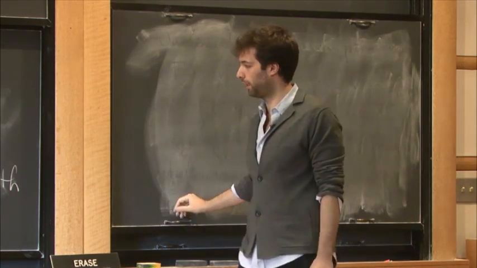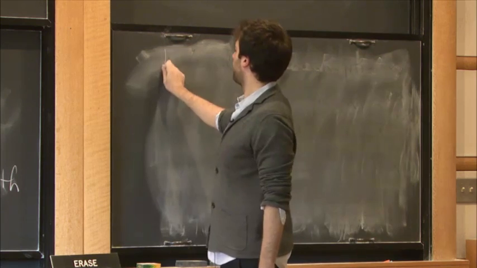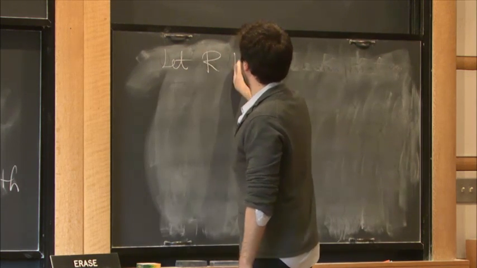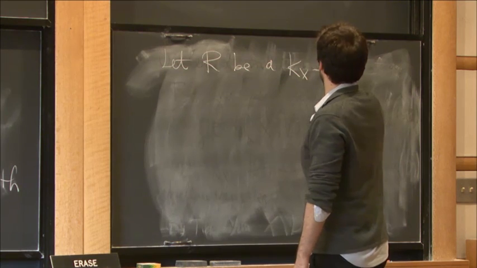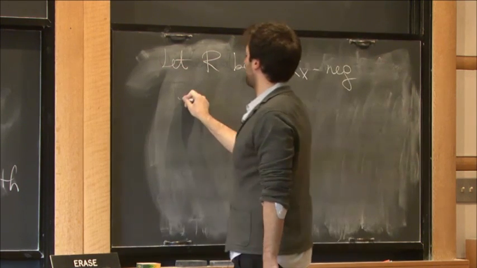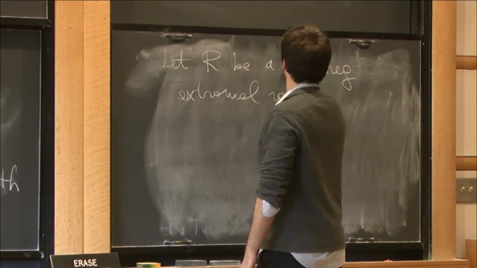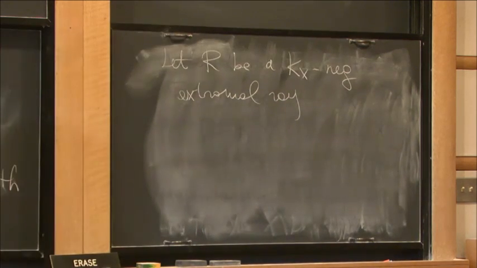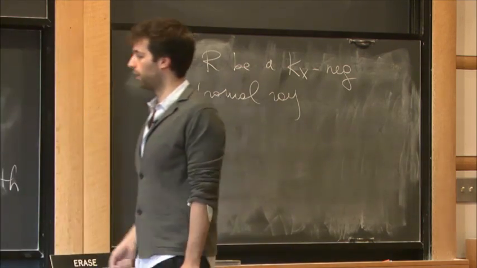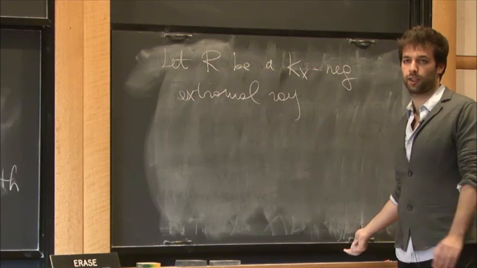And so let me define a little terminology. So let R be a K_X negative extremal ray. So this is an extremal ray of this cone, and so the classes in this R are supposed to have negative intersection with K_X.